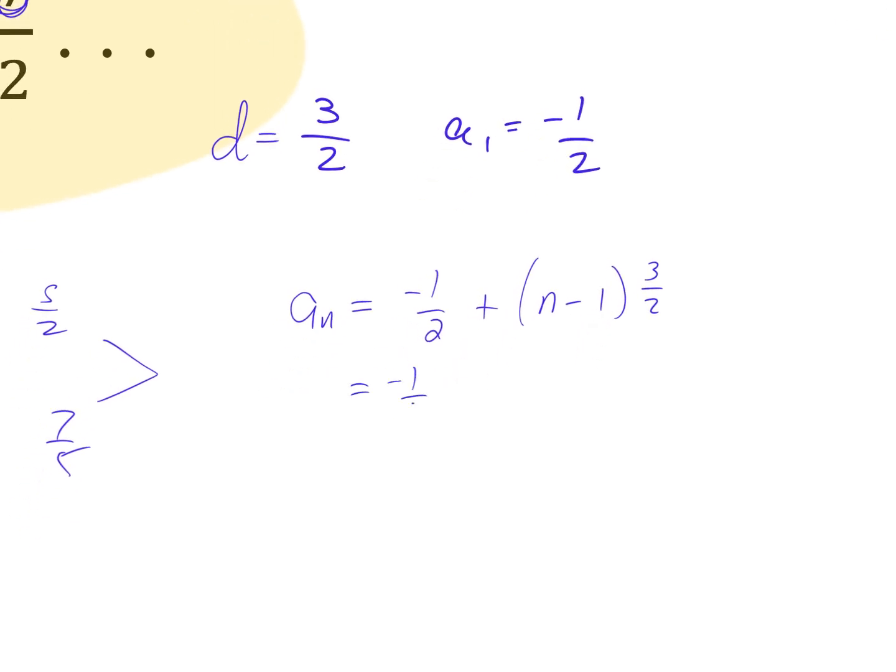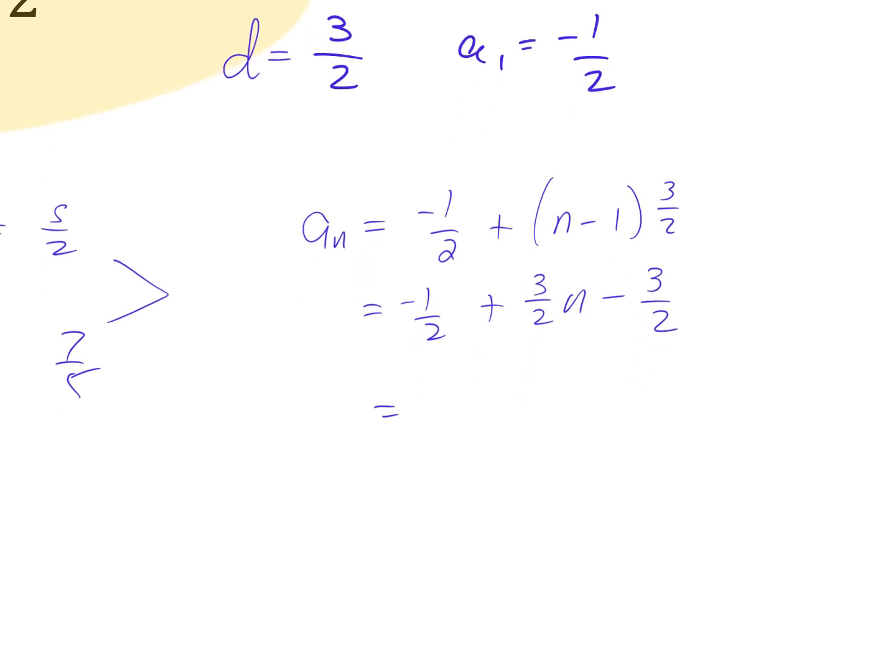So I have negative 1/2 plus, when I distribute, 3 over 2n minus 3 over 2, correct? You guys with me? So I have a sub n equals 3 over 2n. What's a negative half and a negative 3/2? Negative 4/2, which is minus what? Minus 2. Could you leave it as negative 4 over 2?